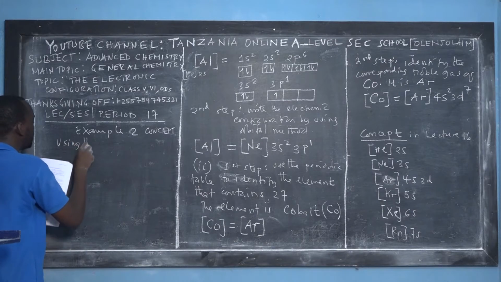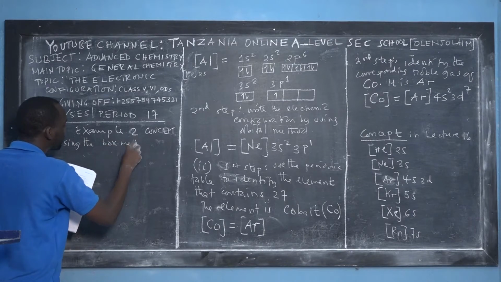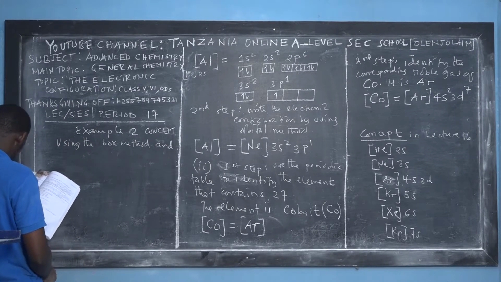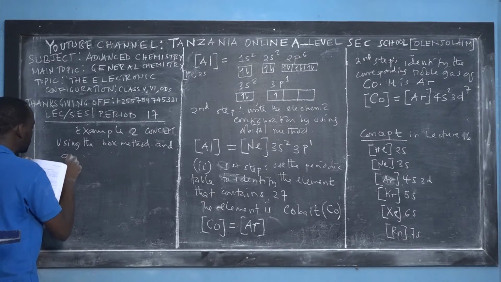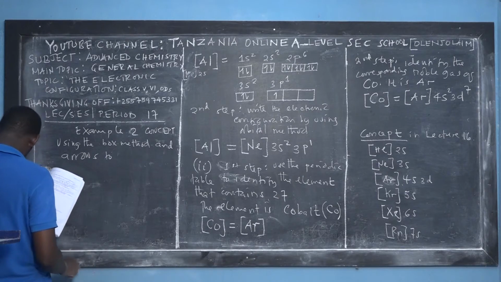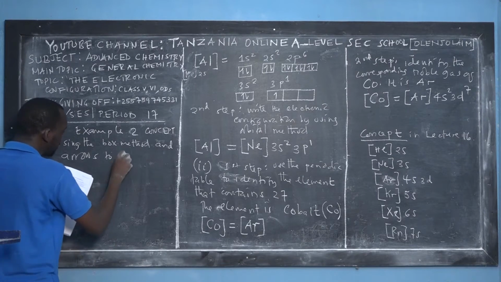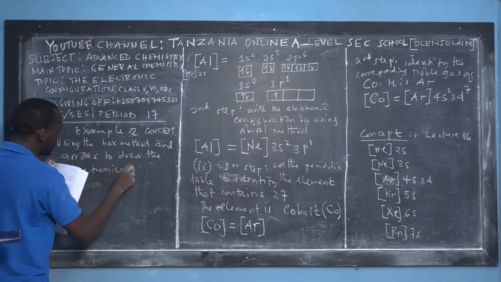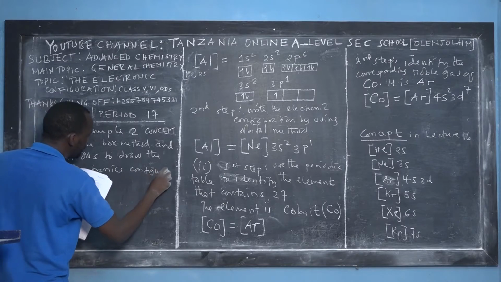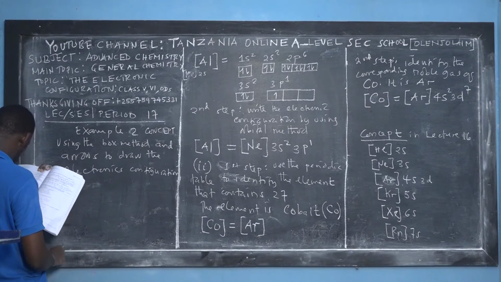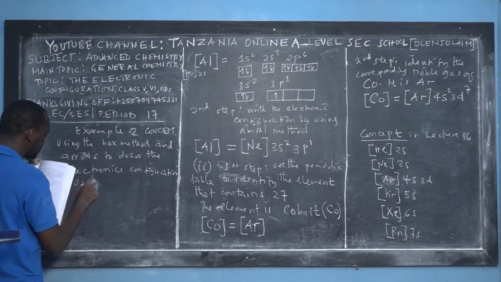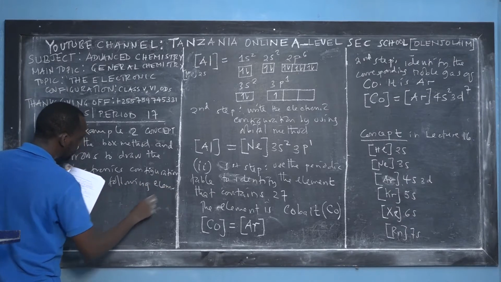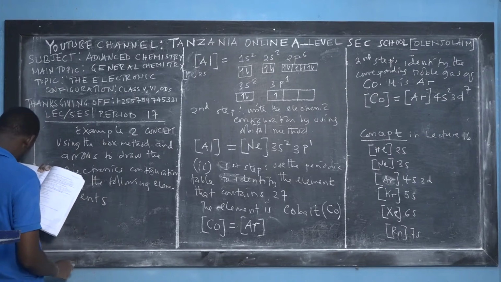Using the box method and arrows to draw the electronic configuration of the following elements.